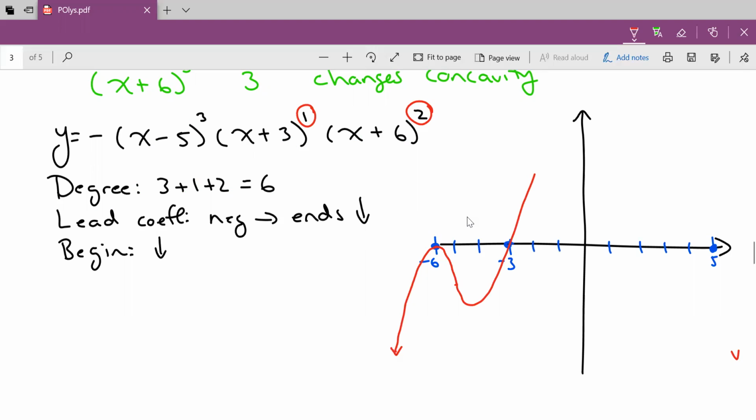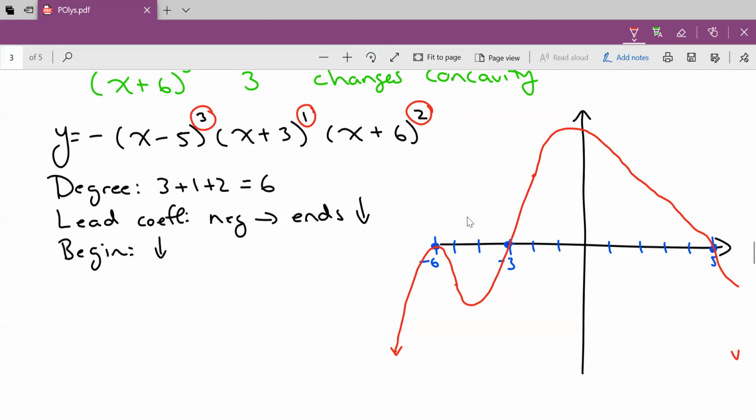I have to turn back around because I have to get to that other x-intercept. I don't know where it does it, but it does. It turns back around. I'm coming towards an x-intercept of 5, so I look at my multiplicity. That's a multiplicity of 3. So this multiplicity is where our graph changes concavity. Now, this is a little tricky to draw. What you want to try to accentuate is that it's got a bit of that cubic function look to it.